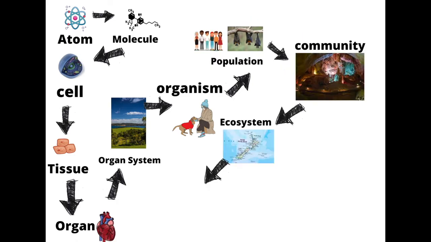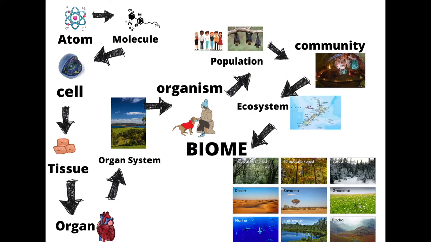Next, we have a biome. A biome is a really, really large environmental area that has very unique characteristics. It shares very similar types of temperature, soil type, maybe water type, amount of light, similar types of bacteria, flora, fungi, fauna, things like this, similar types of species like animals that occupy this area.